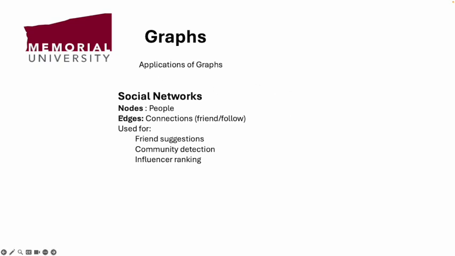We define the node or vertex as each person, each different user, and the edges as the connections. If they follow a person, it's one direction, so it's a directed graph. If they're friends, it's non-directional. Both are friends, but you might follow only in one direction for different people. So it's useful for suggestions, community detection and influencer ranking.